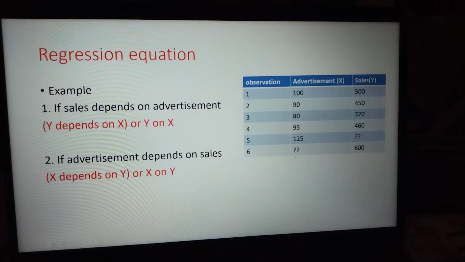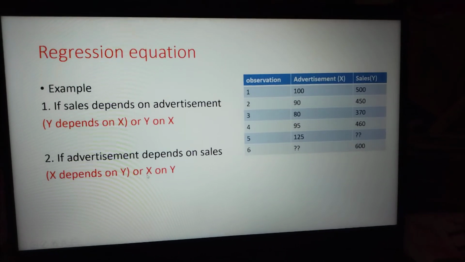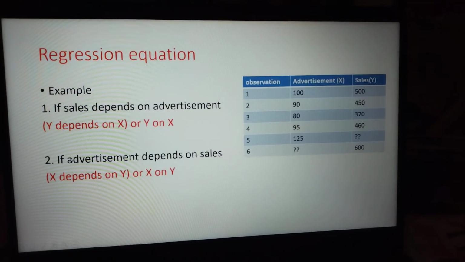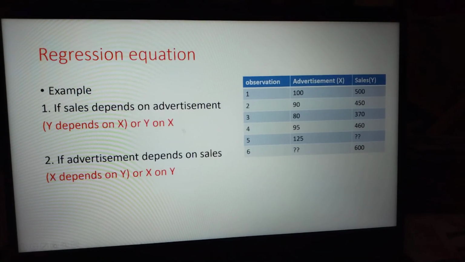Here x, advertisement, is going to depend on y, so the equation will be in the form of x on y. In the next class, or in the next video, I will discuss the regression equation in both forms, like y on x and x on y.